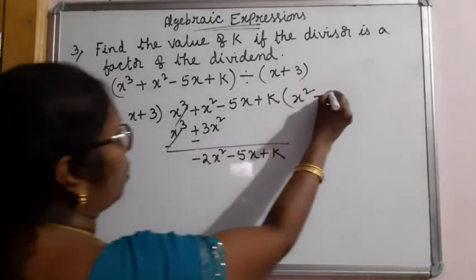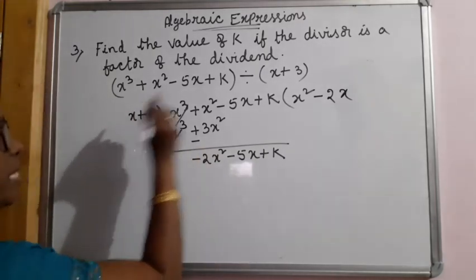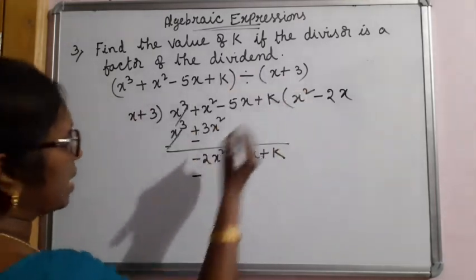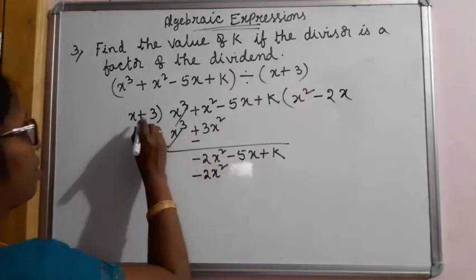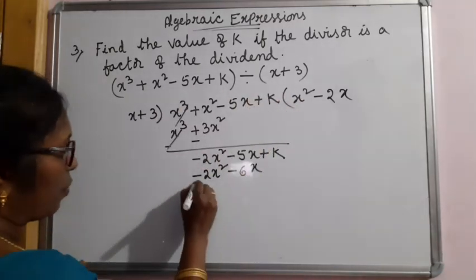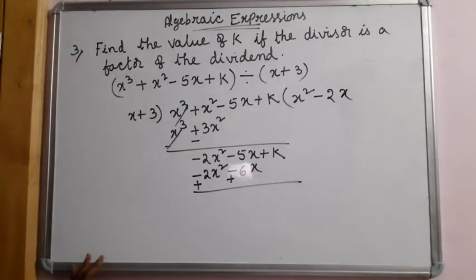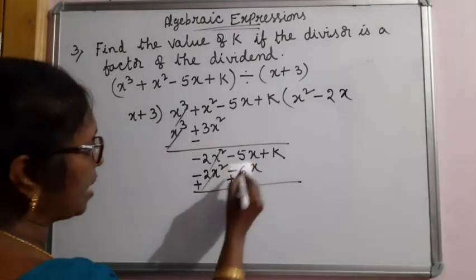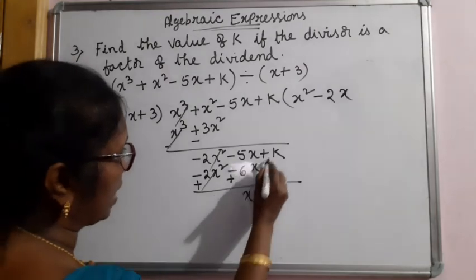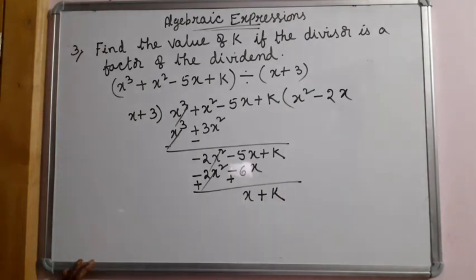Here is 2 and here is x, but here is x square. So plus into minus is minus, x into 2x will be 2x square. Plus into minus is minus, 3 2s are 6x. When we subtract, the signs of the lower row will be changed. Minus 5x plus 6x is x plus k. We got x plus k.